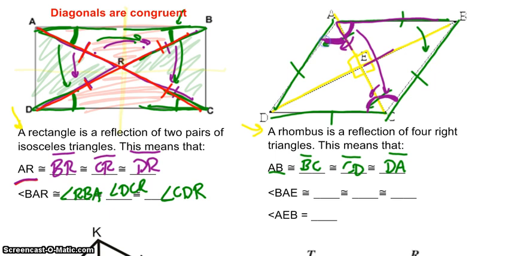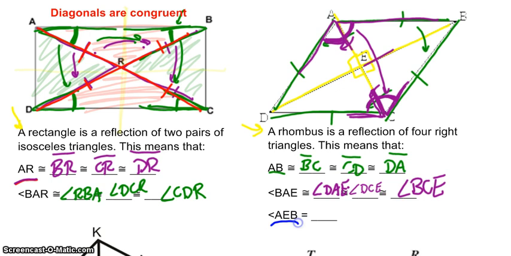This angle right here would be angle DAE. This angle right here would be angle DCE. And this angle here would be angle BCE. Let me fix that middle one really quick.